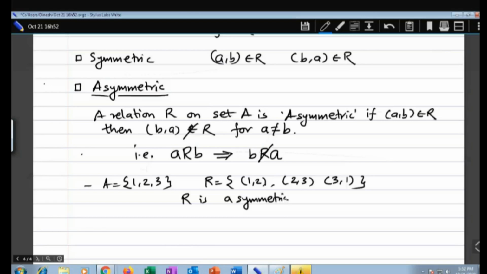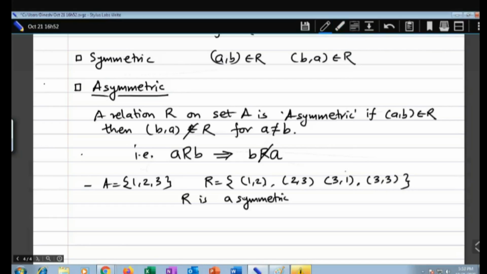Now, what is the difference between asymmetric and antisymmetric? I'll just add one more pair over here, 3 comma 3.